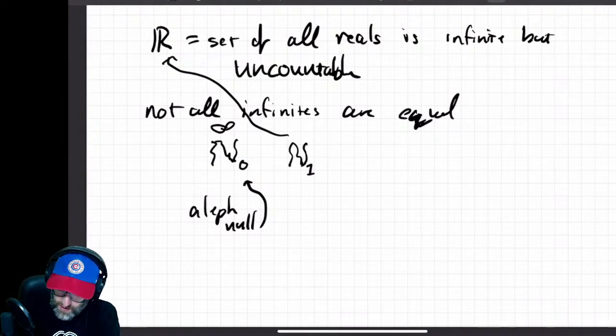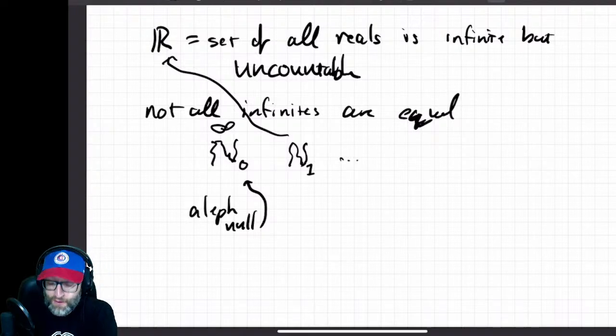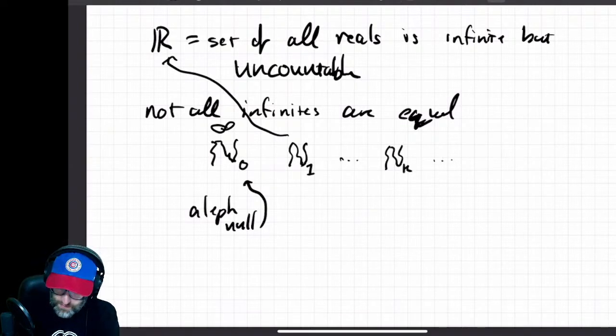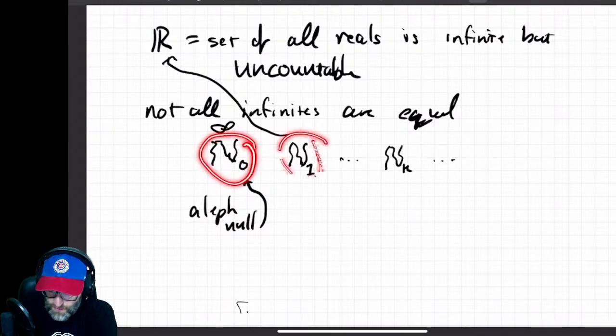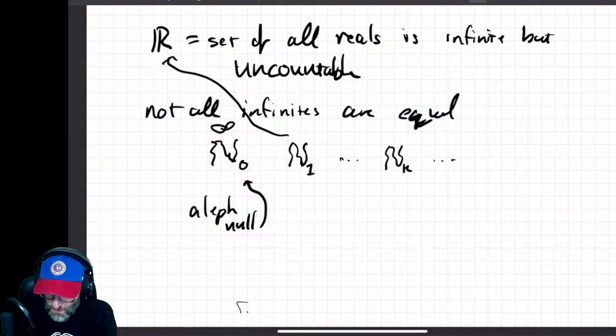You can have Aleph k for any integer k, and there are an infinite number of them, right? The integers, the natural numbers, and the rational numbers are all Aleph null, and the reals are Aleph 1. And of course the way that you can construct these is through Dedekind cuts, or you can construct them using power sets, basically. We're not going to get into that.